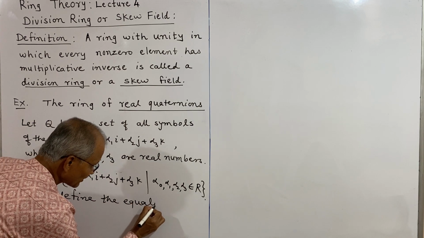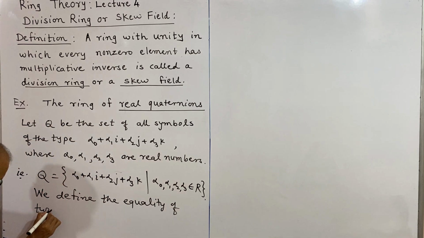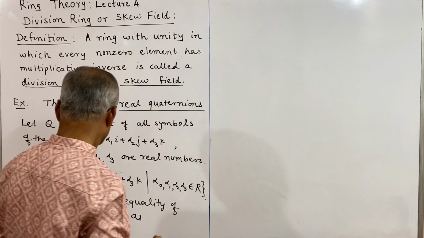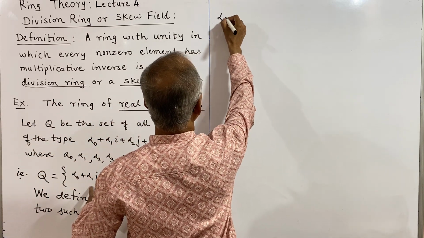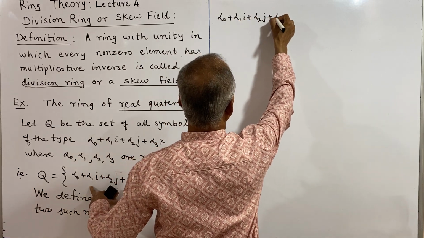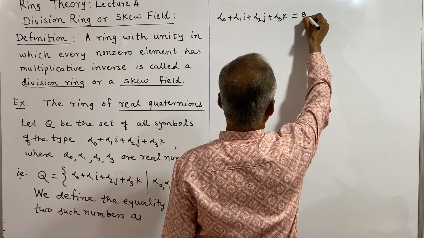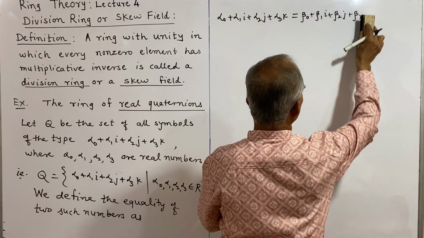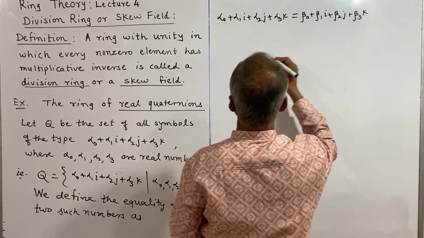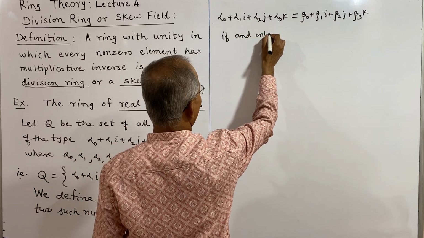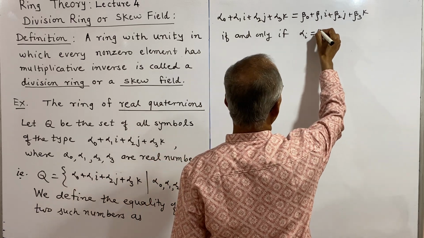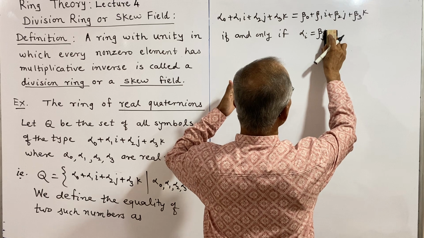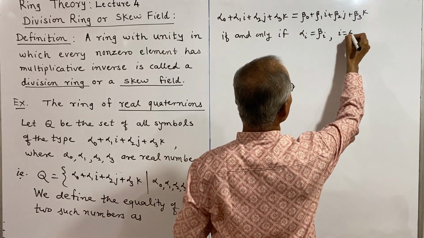The equality of two numbers is defined as follows: alpha naught plus alpha 1 i plus alpha 2 j plus alpha 3 k is equal to beta naught plus beta 1 i plus beta 2 j plus beta 3 k if and only if alpha i is equal to beta i, for i taking values 0, 1, 2, 3.